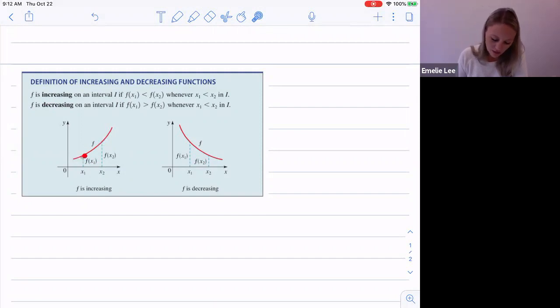What that looks like is this upward slope. And then same thing with the downward slope, and you can convince yourself that if you've got this downward slope, if x1 is less than x2, and it's going down, then the output for x1 must be larger than the output for x2. f of x1 is greater than f of x2.